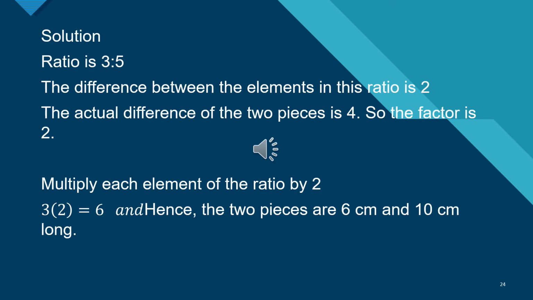So 3 and 5 will be multiplied by the factor 2. So 3 times 2 is 6, and 5 times 2 is 10. In this case, we are now able to find the lengths of the two pieces, which are 6 cm and 10 cm. And if we get their difference, we get 4 cm, because 10 minus 6 is 4.